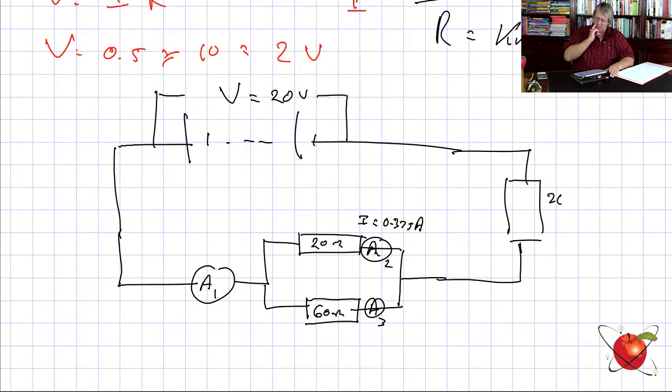And the reading on V1 is 20 volts, which is there. So we've put everything in. They told us the reading on the ammeter A2, and the reading on voltmeter V1 is equal to 20 volts. Now they've given us everything that we need to know. Step 1, or rather step 2, is put in the current. There we go. I, like so.